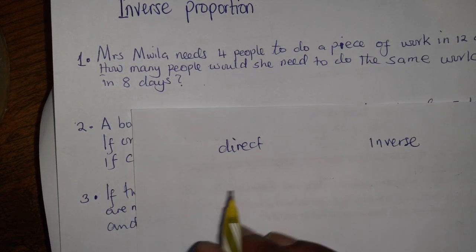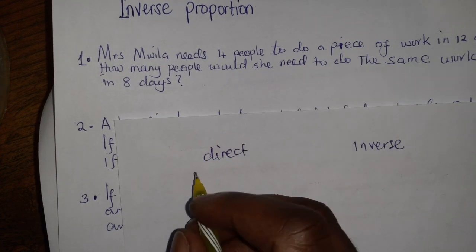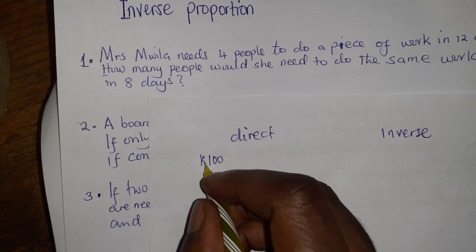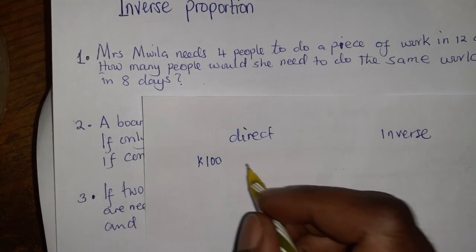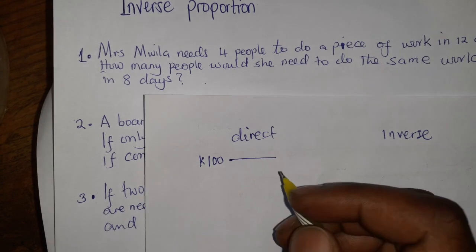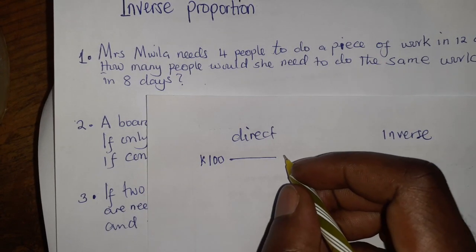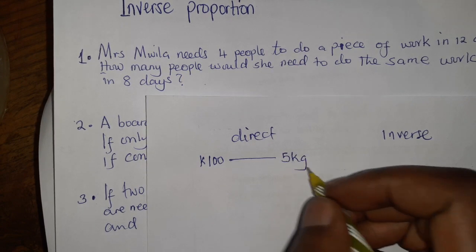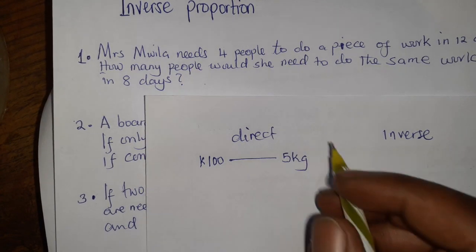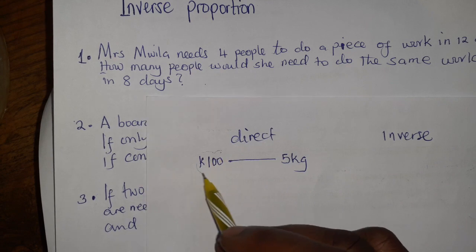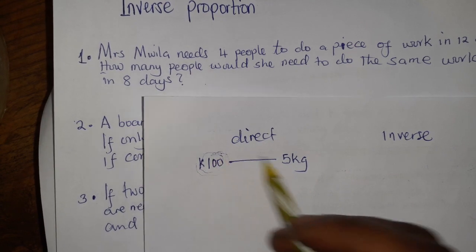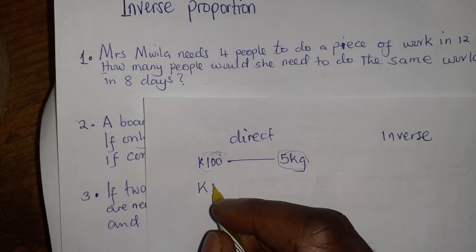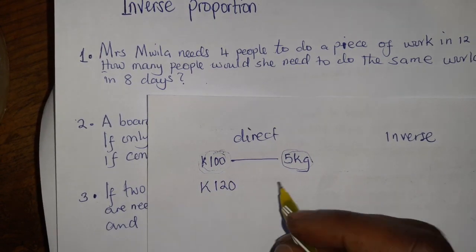So I'm going to start with direct proportion. Let's talk about 100 kwacha. If we say 100 kwacha can buy, just as an example, 5 kgs of sugar, then we say 120.